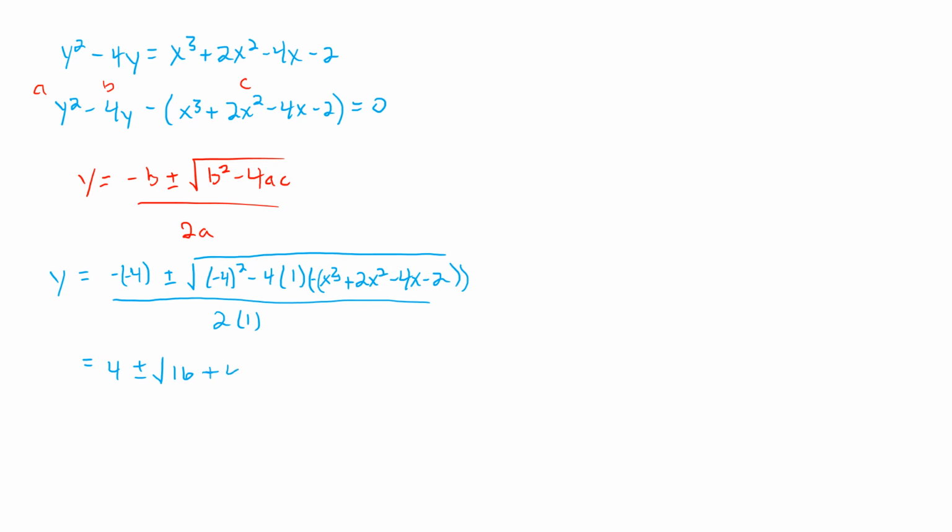And then we have 4 times x cubed plus 2x squared minus 4x minus 2, all over 2. Let me make sure I'm doing everything correctly, and I am. So now we have 16 plus 4 times this whole quantity.